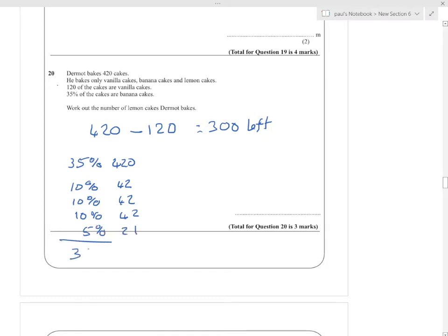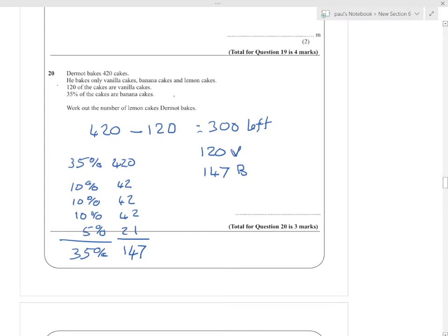So if we add that up, we'll get what 35% of 420 is. So 2, 4, 6, 7, 4, 8, 12, 14. So it's 147. So we've got 120 vanilla, 147 banana.